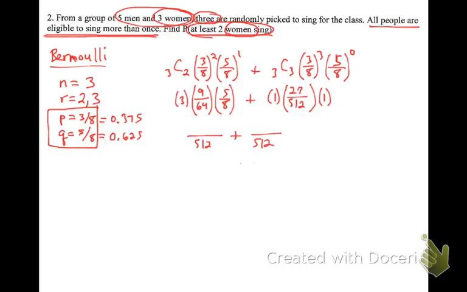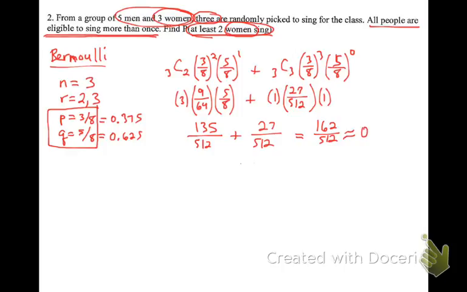And if you do 3 times 9 times 5, that gives you 135. And then the next one's going to be 27. Combine those together, we get a fraction of 162 divided by 512. Again, we're rounding all these probabilities to the nearest thousandth. So let's find that in the calculator. So type that in. 162 divided by 512.